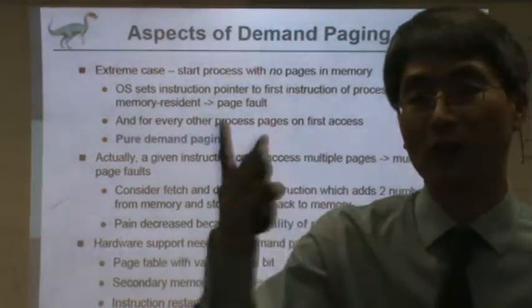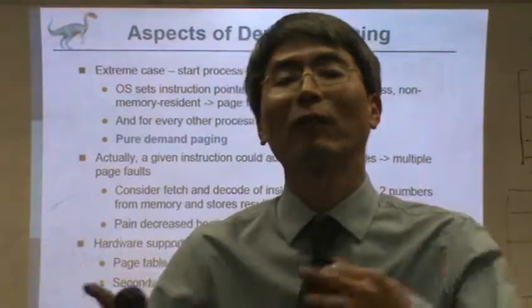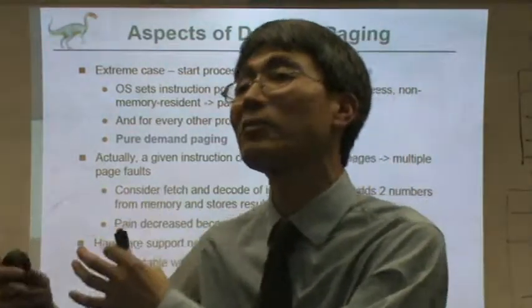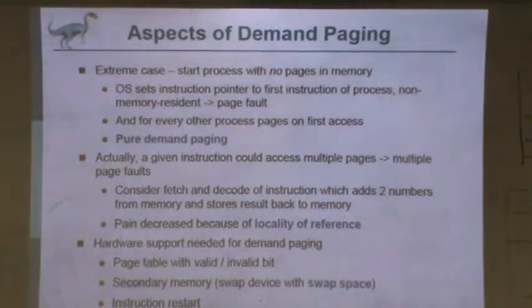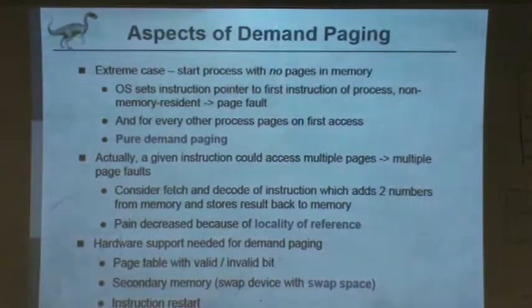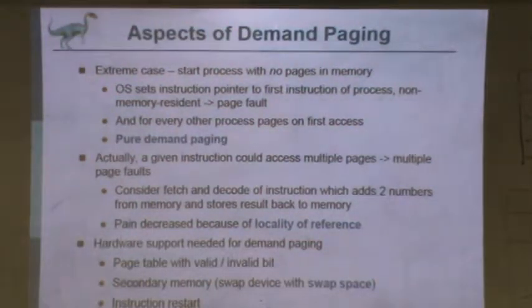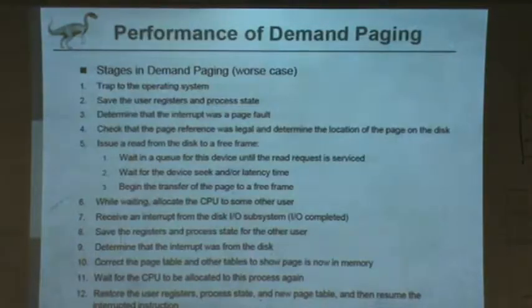Based on several executions, you can find that these pages work together. So the operating system pager can consider such locality to increase the performance. Okay. This is just the staging for demand paging.